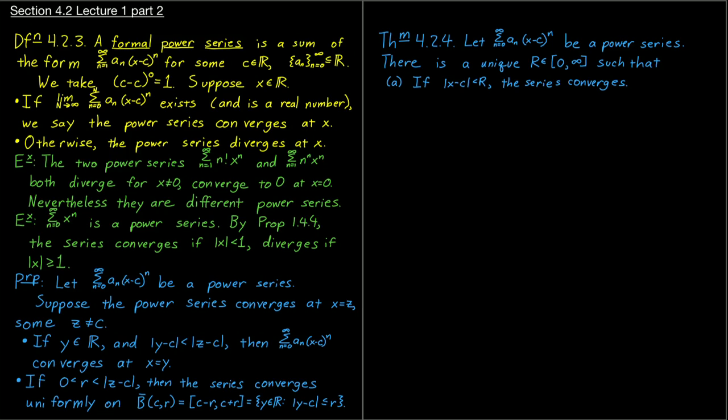And on the other hand, if |x − c| is bigger than R, the series diverges.